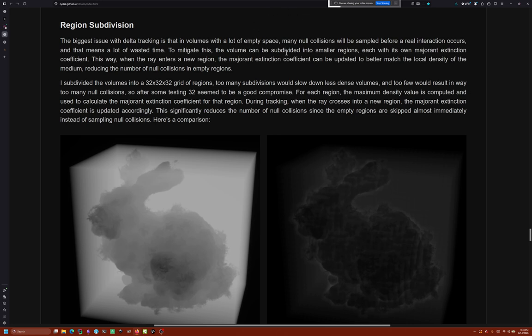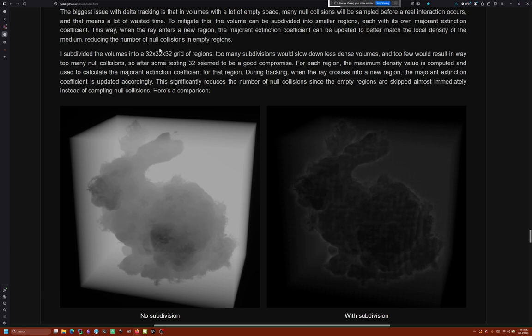To mitigate this, the volume can be subdivided into smaller regions, and each one can have its own maximum extinction coefficient. This way, when the ray enters a new region, the maximum extinction coefficient can be updated to better match the local density of the medium, reducing the number of null collisions in empty regions.